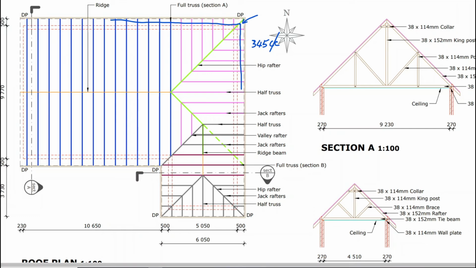Okay, well, what we're saying is that even though it's 345 on slope, when it comes to this short bit here, this piece of timber, the first batten, runs from there to there. And if we want to calculate that length, you can't deduct by 345. That would be incorrect because that's just on slope.